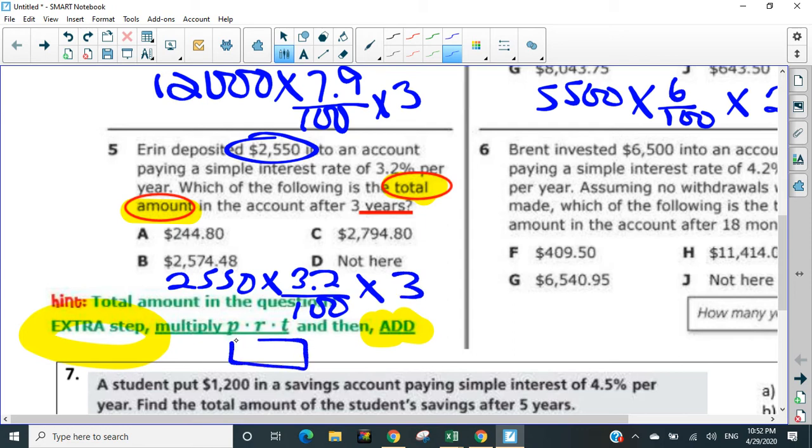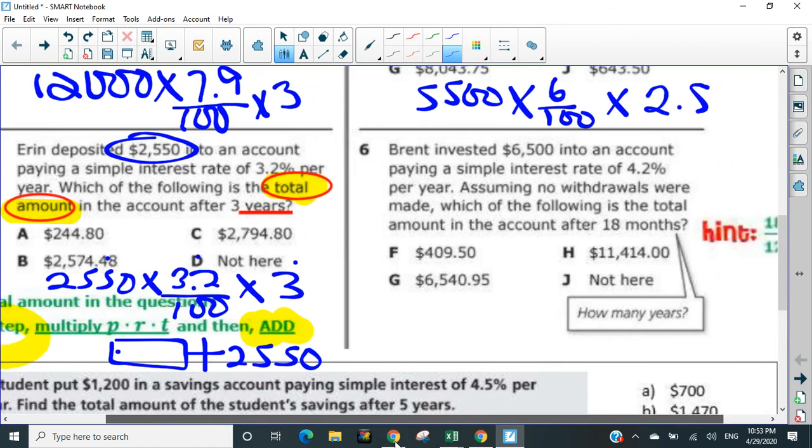The answer that you get, you have to add it with the 2,550. So again, you multiply these three numbers. Whatever answer you get, you add it to the 2,550, which is your principal. And that should give you the total amount.